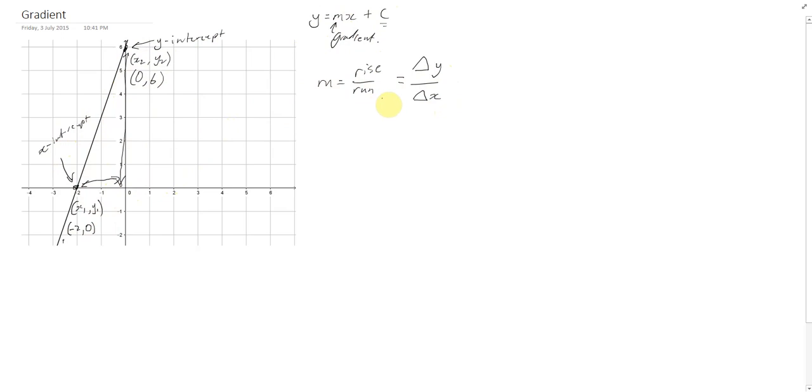So the change in y is given by our end point, which was our 6, or our y2, take away our y1, which was 0. So the change is our y2 coordinate take away our y1 coordinate, and that is equal to 6 take away 0.